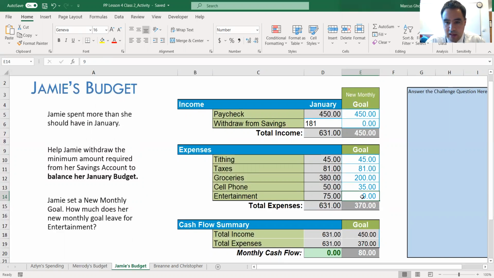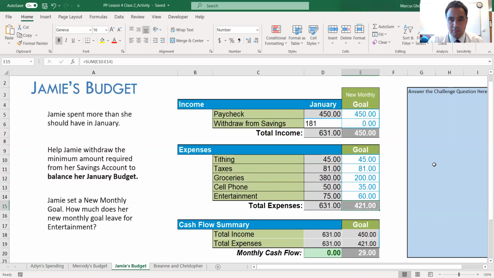You can adjust her entertainment maybe to $50 or something, or 60. Let's put $60 in there. So there she still has some cash flow, $29 that she can put towards savings for a rainy day, or you can adjust as you would see appropriate. But that ensures that she's not pulling money out of her savings account each time.